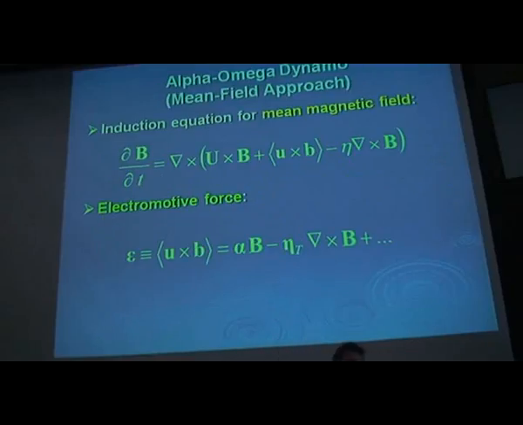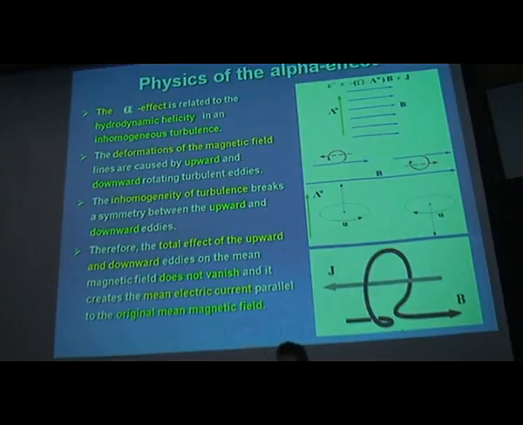The classical mechanism of generation of large-scale magnetic field is related to the alpha effect and kinetic helicity. Just a few words about the mechanism of the alpha effect, because we will use some analogy at some moment.